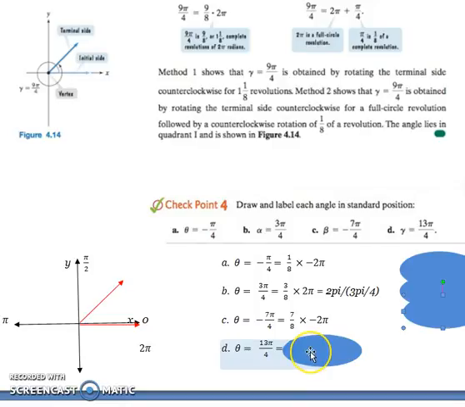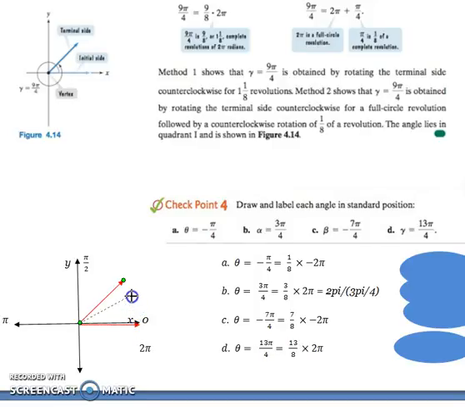Okay, 13 pi over 4, because that's more than 2 times 4, it's going to go all the way around the circle, because there's 1 pi over 4, 2, 3, 4, 5, 6, 7, 8 is a whole circle. That's 2 pi, 8 pi over 4.